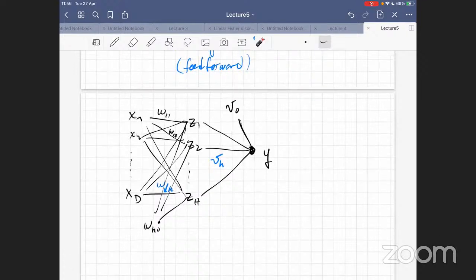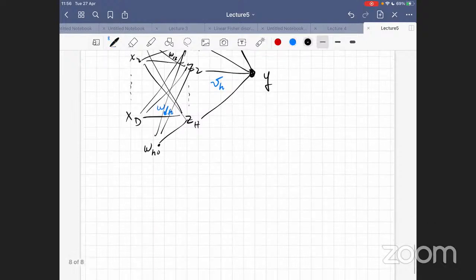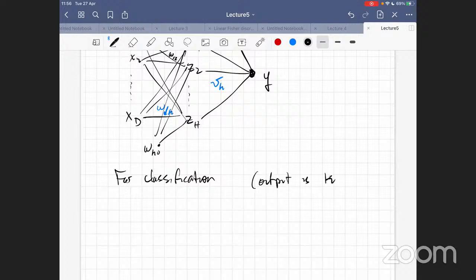So this is for regression, while for classification, remember that the output is k-dimensional. So I have k classes, and I am parameterizing my output as a vector, a binary vector of k components in this one-hot encoding procedure or parameterization.